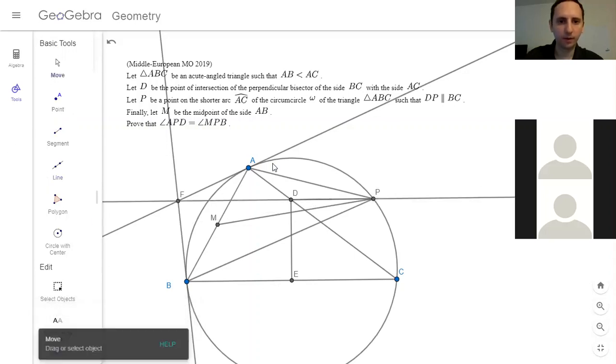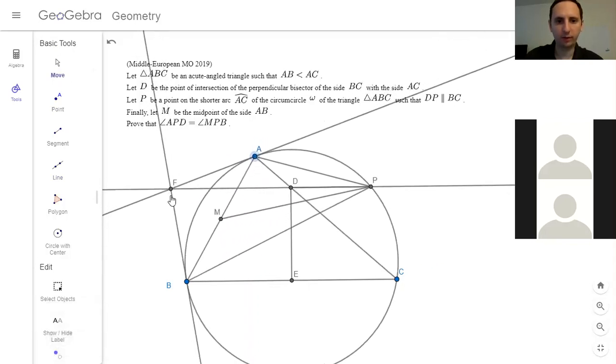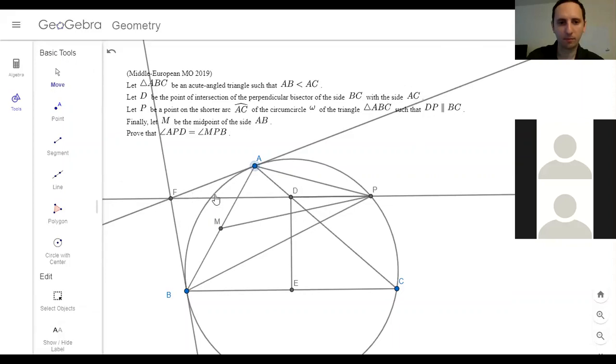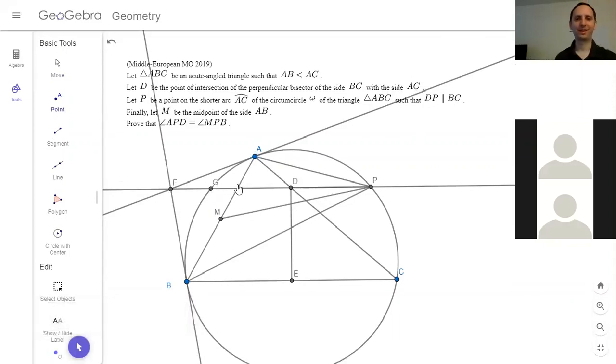We're just saying that the tangents meet at a point that's at the same distance from BC as D, and that seems like it probably isn't that hard. It's trivial because if we extend PD to cut circle ABC at some point, then it's the same distance.